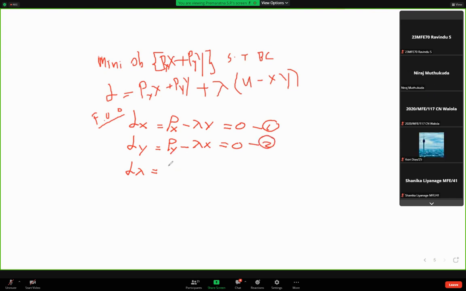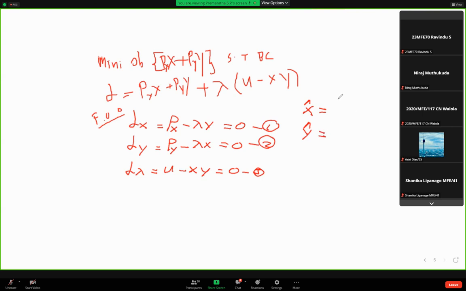The last one, with respect to lambda, you get u minus xy equals 0. That is the third equation. Now from these equations, you get x hat, the optimal value, and y hat, the optimal value.